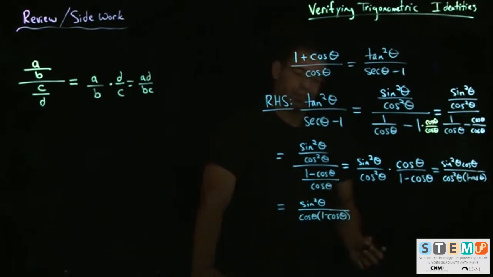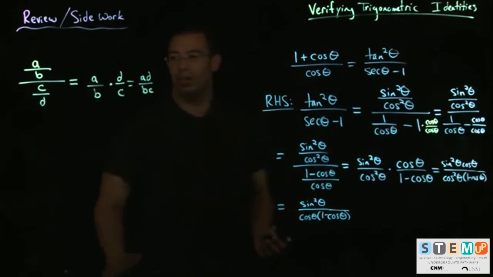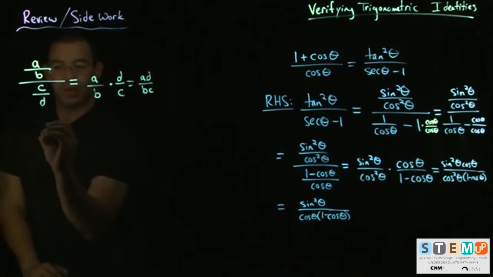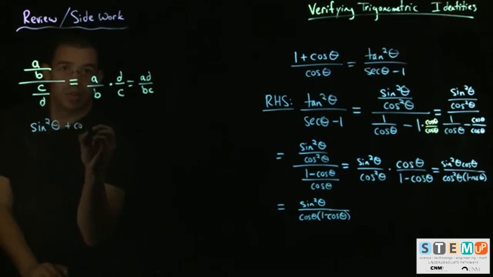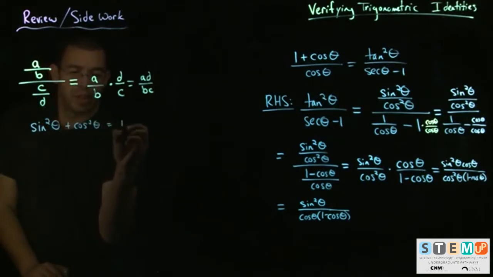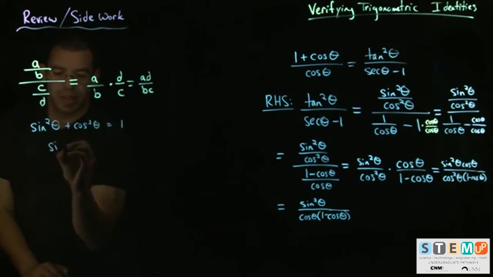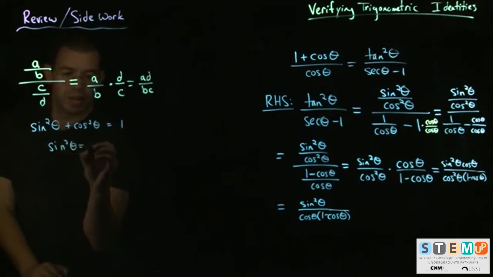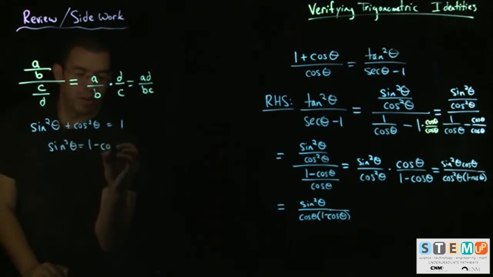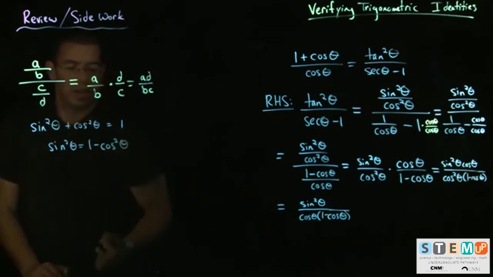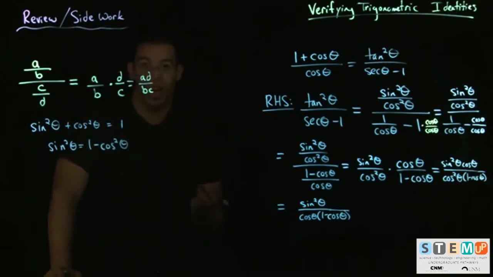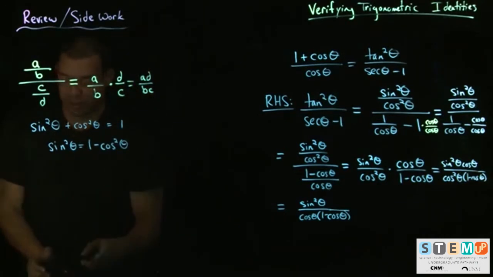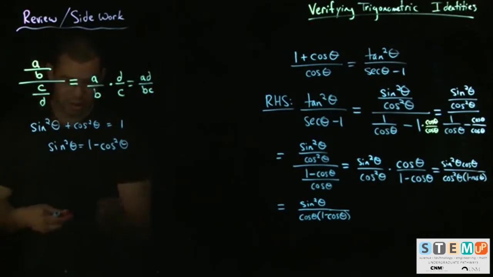And we need to know our Pythagorean identity, right? So that sine squared plus cosine squared is 1. So that means that sine squared is equal to 1 minus cosine squared. And if you watched the previous video, then you know that we have to remember our difference of squares, right? So I'll just put that here.